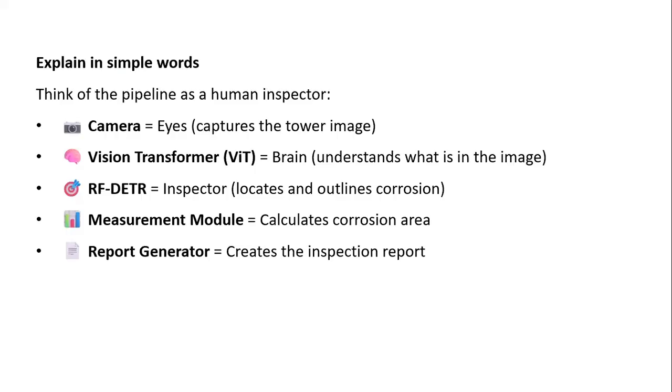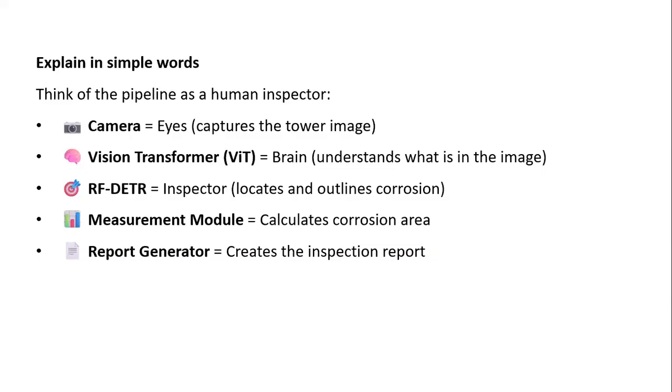Now, in this entire use case, in simple words, there is a camera which was acting like our human eyes. The camera was capturing the entire tower image, tower video. There is a vision transformer. The vision transformer in this case is acting like a brain to understand what the image is about. Are there any bolts? How is the tower structure? Is there any corrosion?